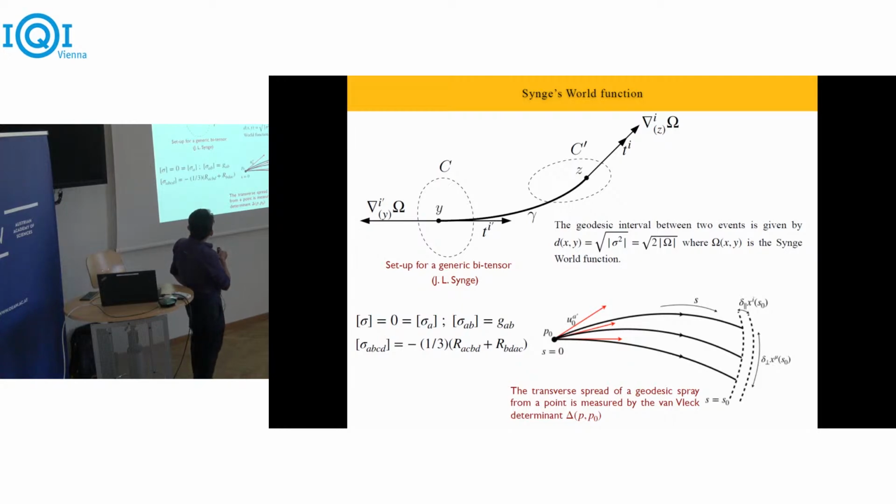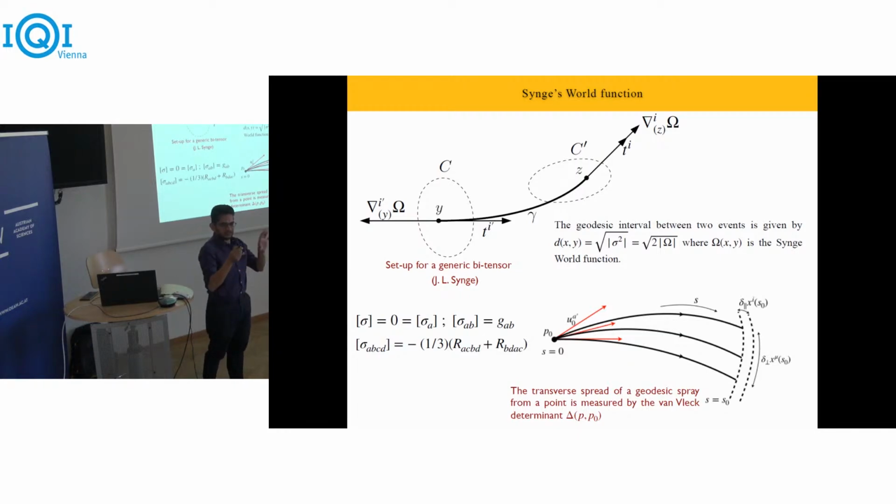Then 1/2 of the square of the geodesic distance between the 2 points is what is called the Synge world function, and it's a bi-tensor, so that it behaves like a tensor at each of the points. It is a non-local object depending on 2 points.